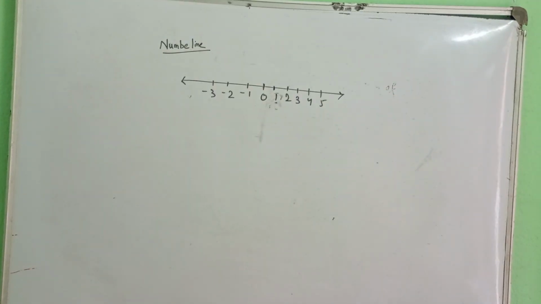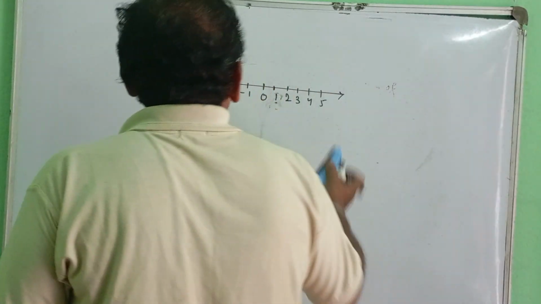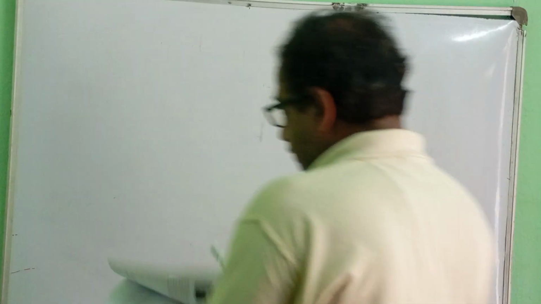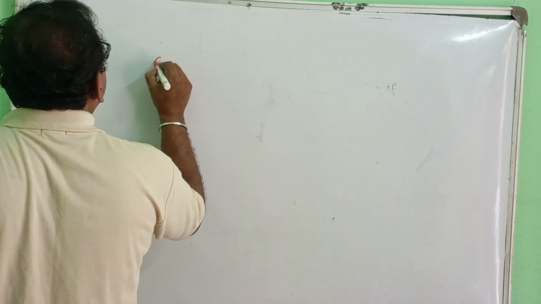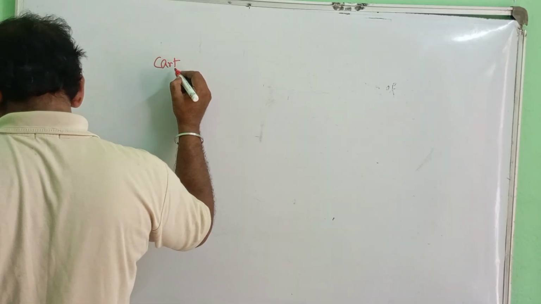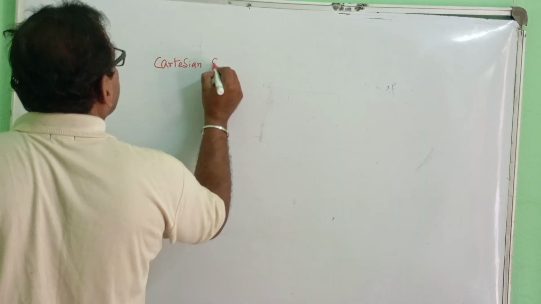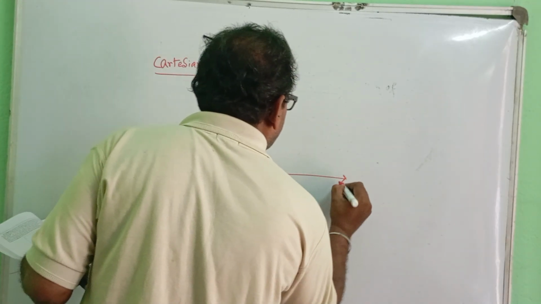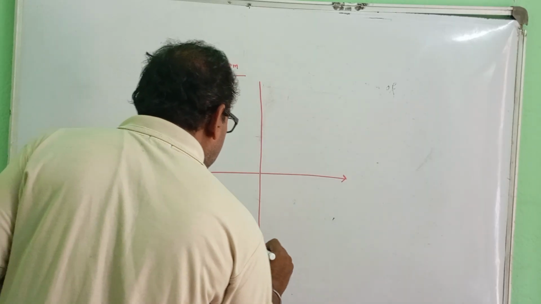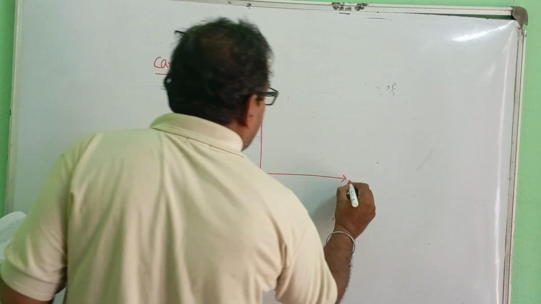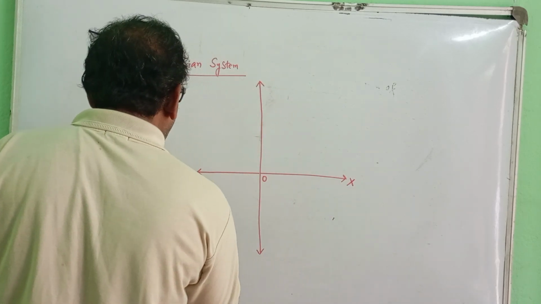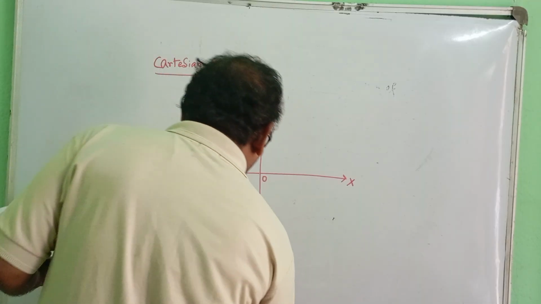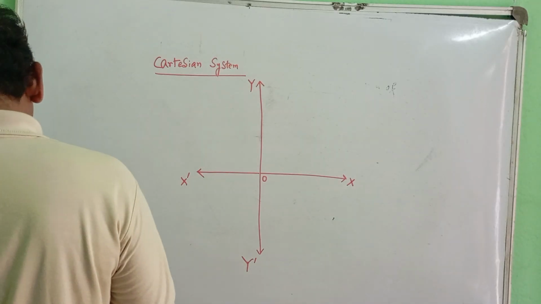But for the Cartesian system, look at this. There are two lines, X O X dash and Y O Y dash. Is this clear?